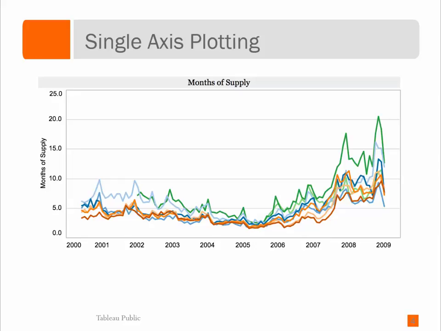And we can notice here that as we get into 2008 and 2009 during the financial crisis, the months of supply of homes available spiked up quite a bit. So this just gives you a good example, very simple, straightforward, single axis trend line plotted across a timeline or across a time series.